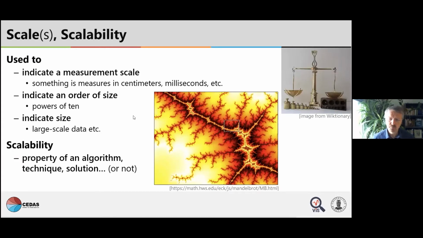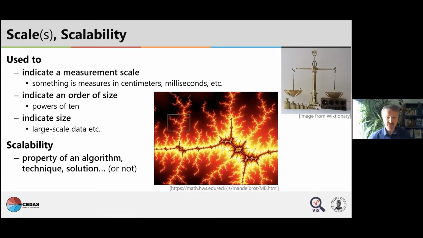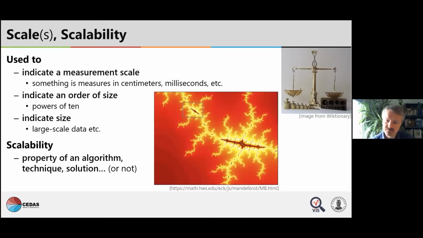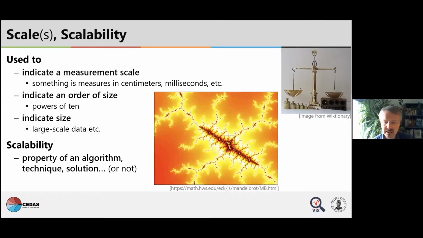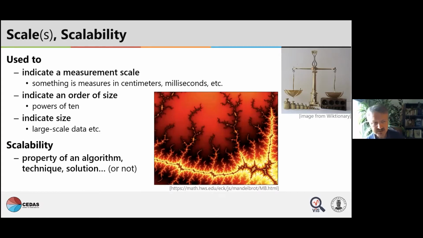Maybe it's appropriate to first talk about terminology. Here probably the word scale, and maybe scalability, is the first that comes to mind. A scale is first and foremost a word that is used both in regular language and with certain specific meaning in science and technology and other fields.